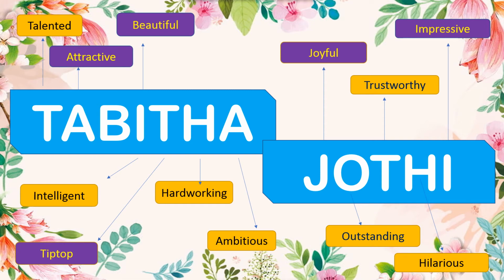My second name, Jodi: joyful, outstanding, trustworthy, hilarious, impressive. So here goes your task. I want you to put your name up here like how I did and find a suitable adjective that describes who you are. I hope you enjoy doing this at home.